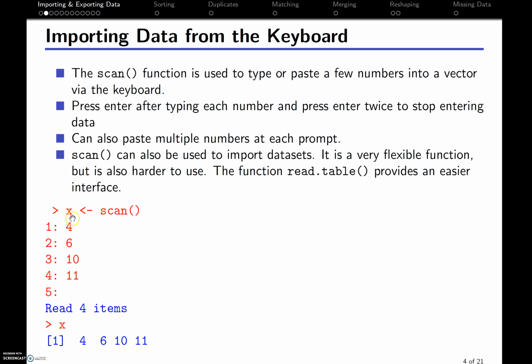You can call that object anything you want here. It just happens to be called X. And then you just press enter each time you enter a number and twice to stop entering the data. You can paste multiple numbers at each prompt and can also be used to import data sets. So notice you enter 4, enter 6, enter 10, enter 11, enter, and then X contains that column vector.